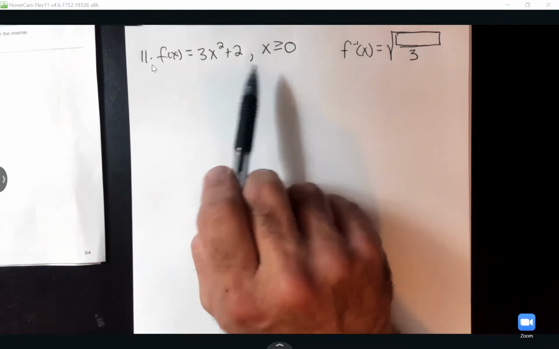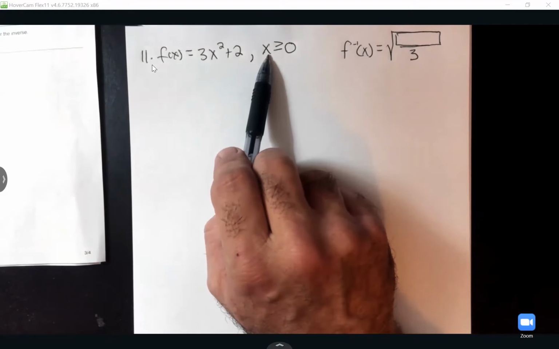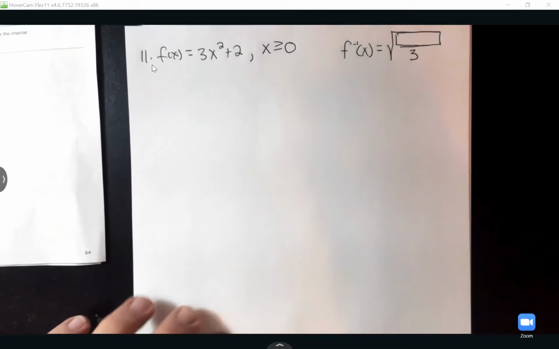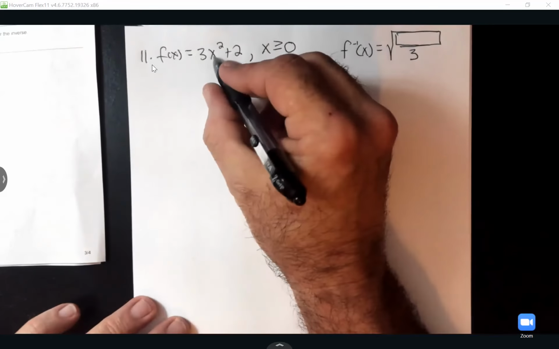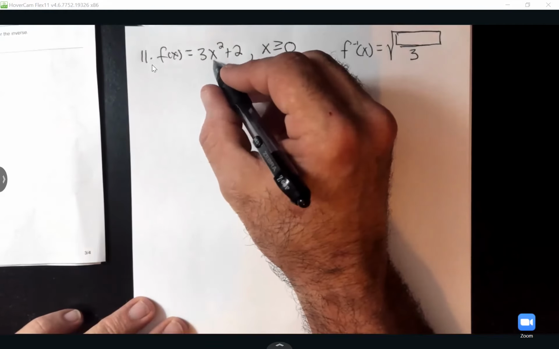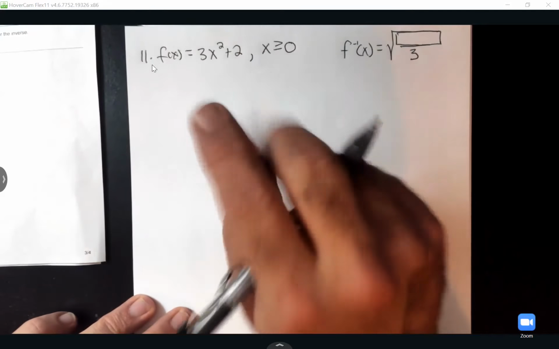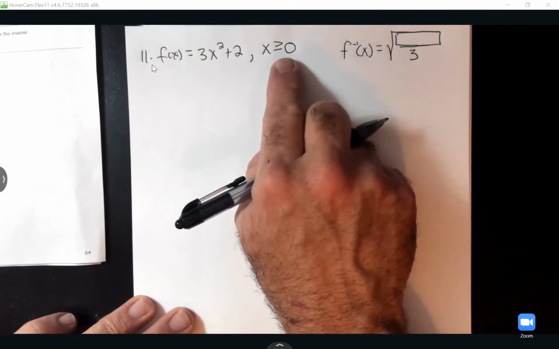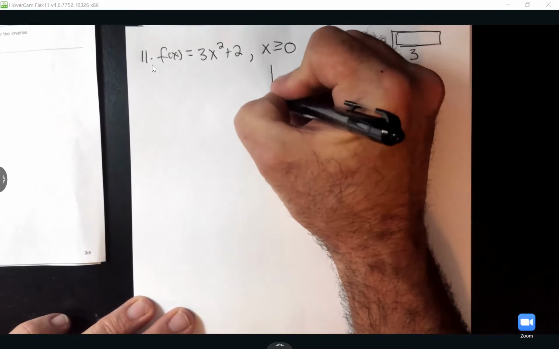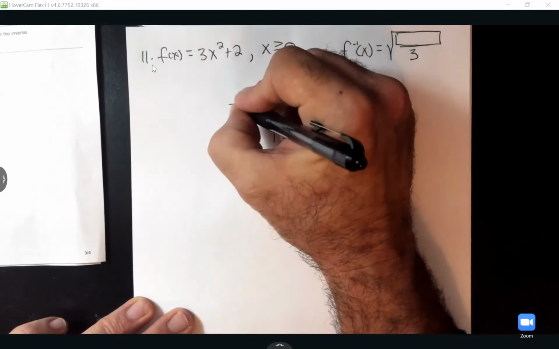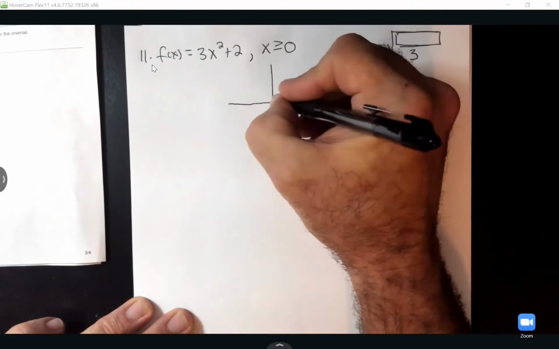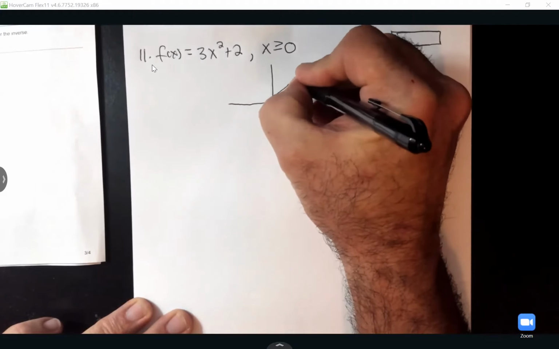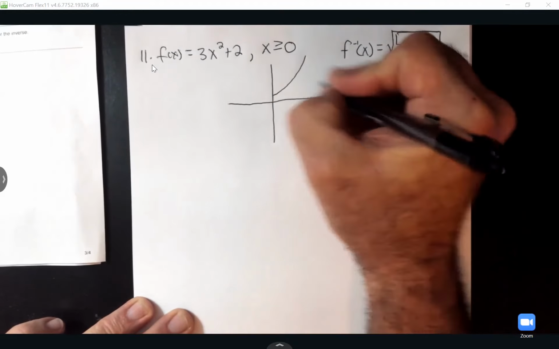They're giving me a function. Now this x greater than or equal to 0 means if you were to graph this, it would be a parabola. But since they're saying x is greater than or equal to 0, it's only going to graph the right side of that.